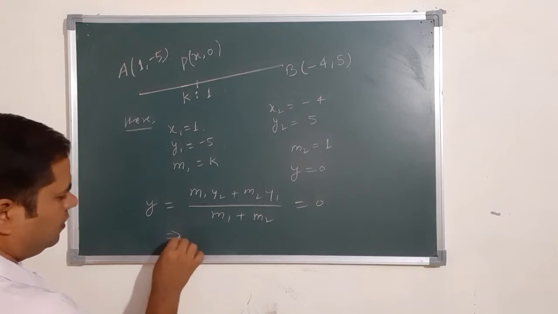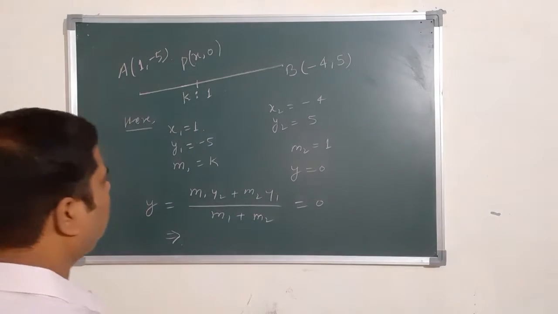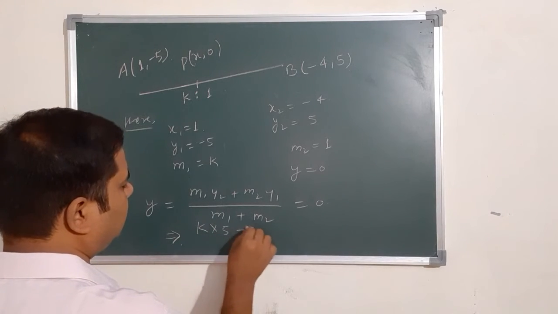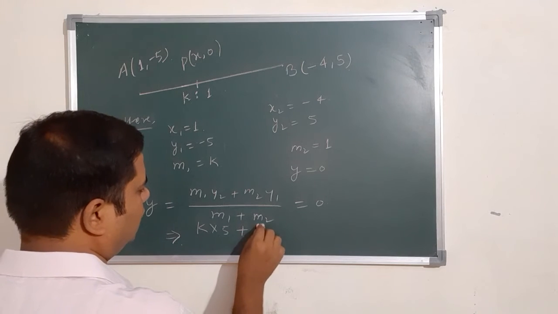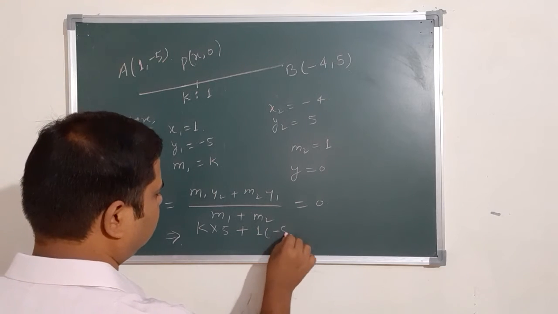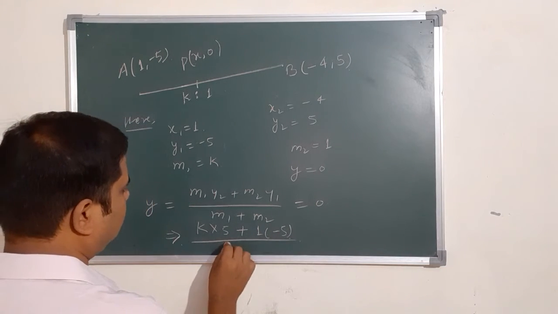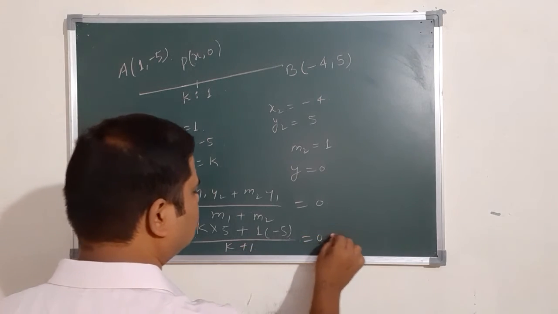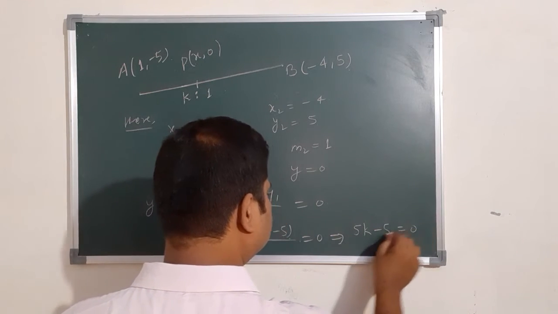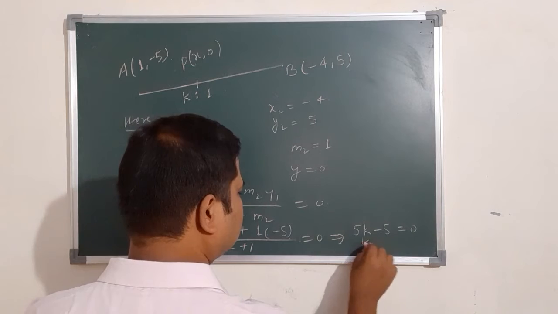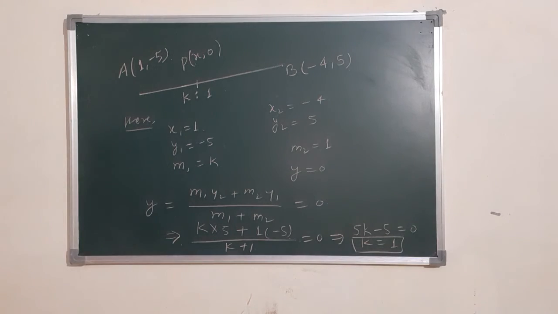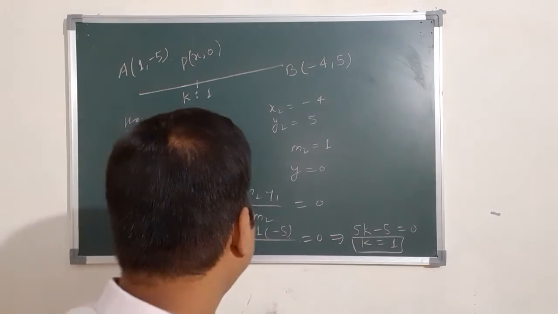So m1 is k, y2 is 5, plus m2 is 1, times y1, which is -5, divided by k plus 1, and this is 0. So simply 5k minus 5 is 0, so k is nothing but 1. So this line segment is divided by the point P in the ratio 1 to 1.